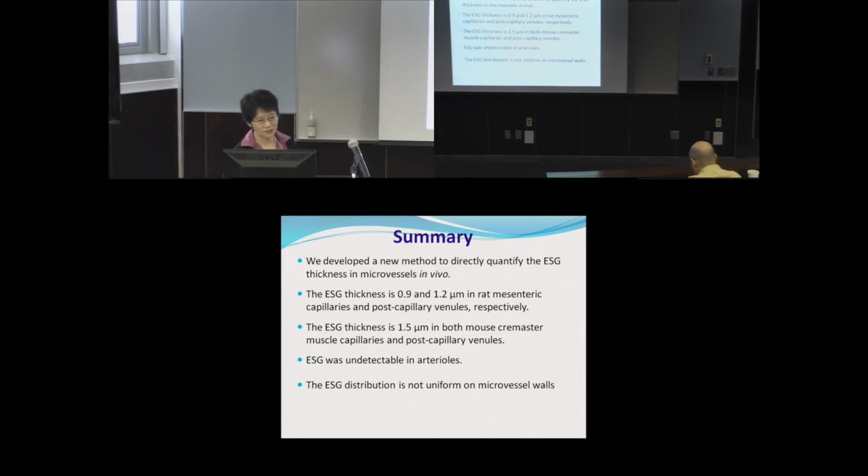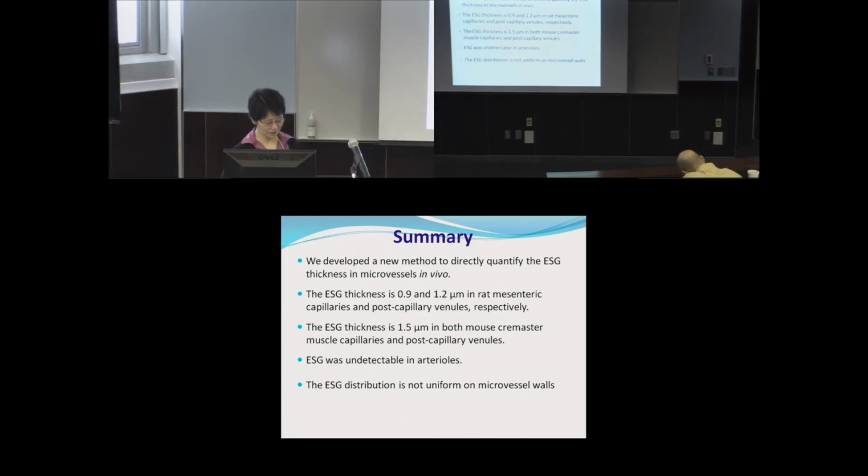However, we do not see the anti-HS in arterioles in both mouse and rat. And we also found the surface glycocalyx is not uniformly distributed on the microvessel wall. So that's the first part of my talk.